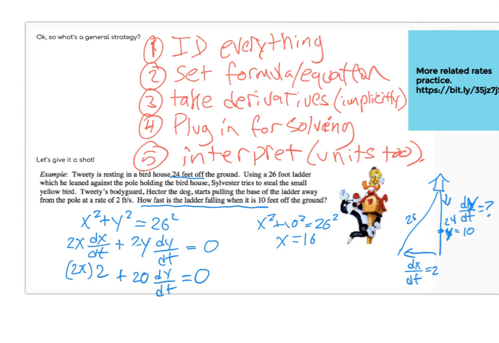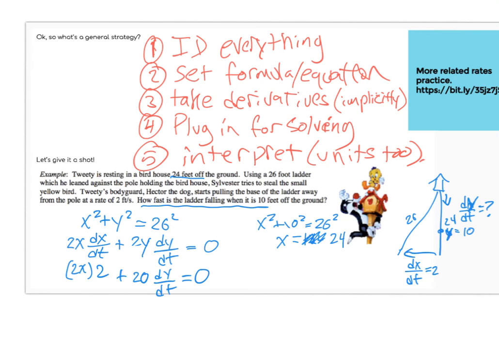Because this looks like a 5, 12, 13 triple. So x should be 24. All right, you can check my math, but that should be the right answer for that.